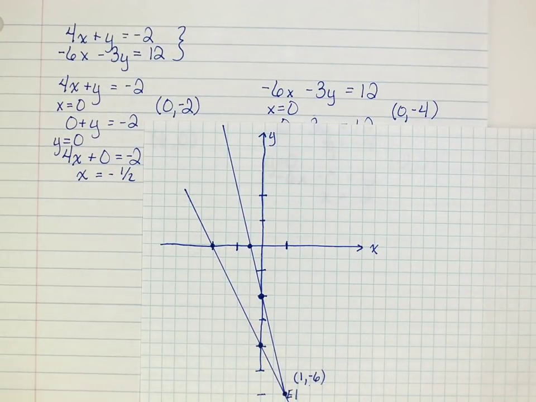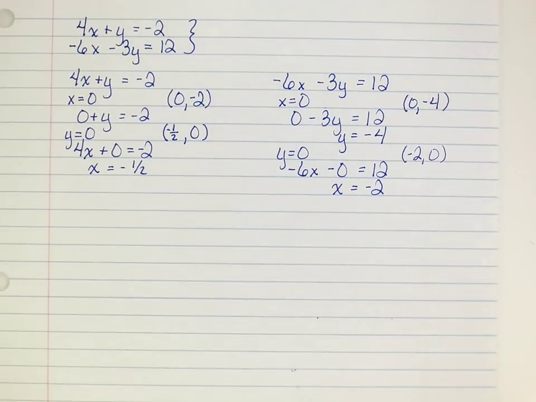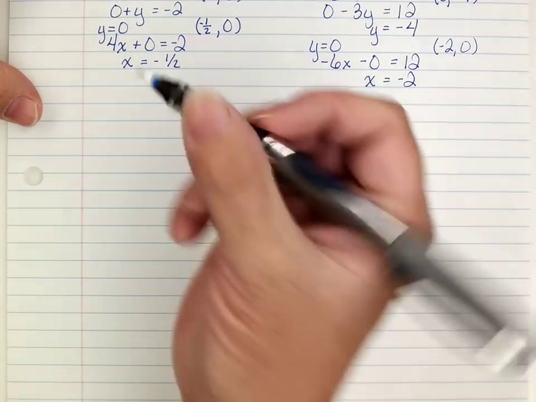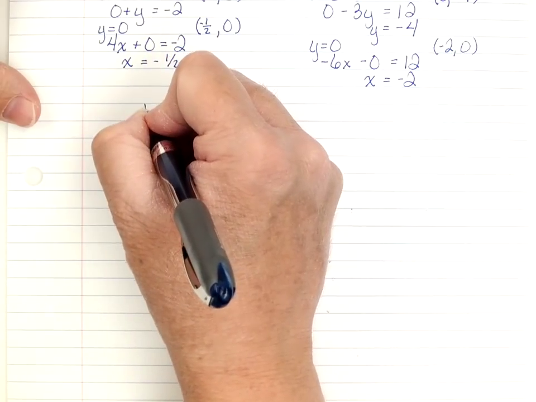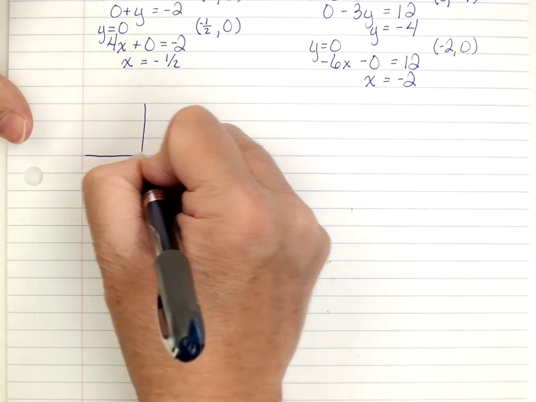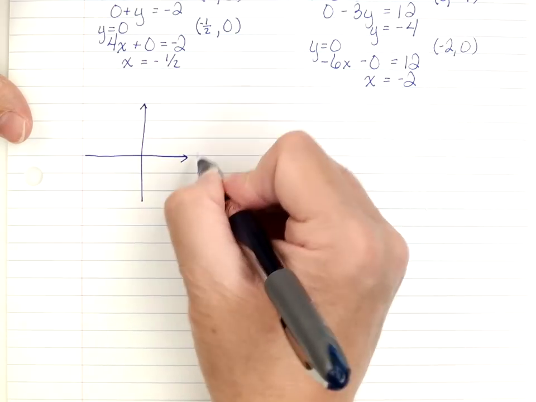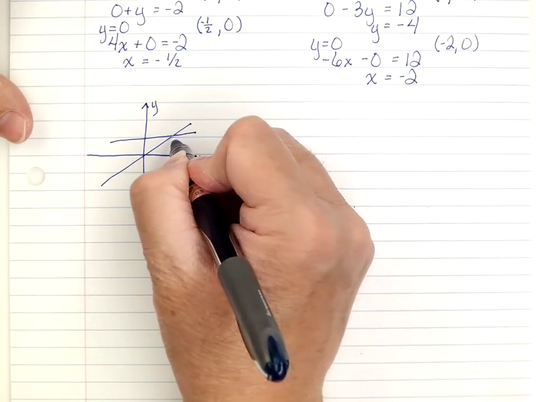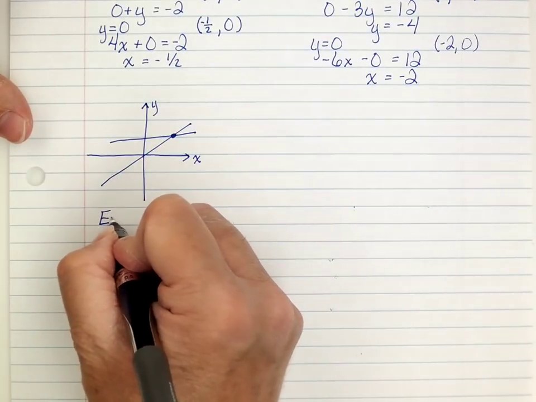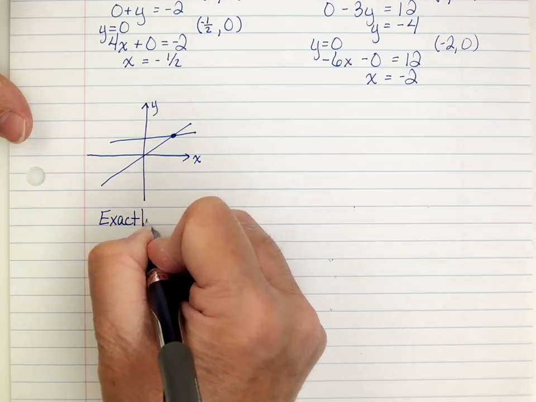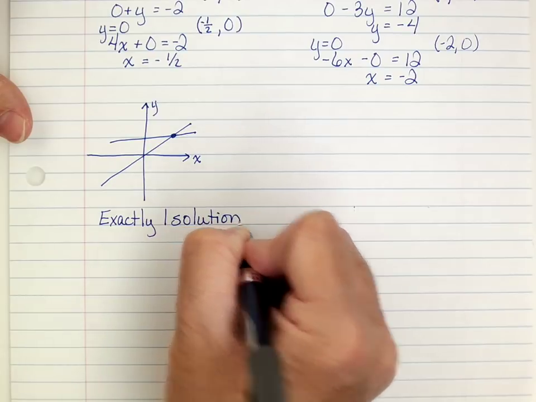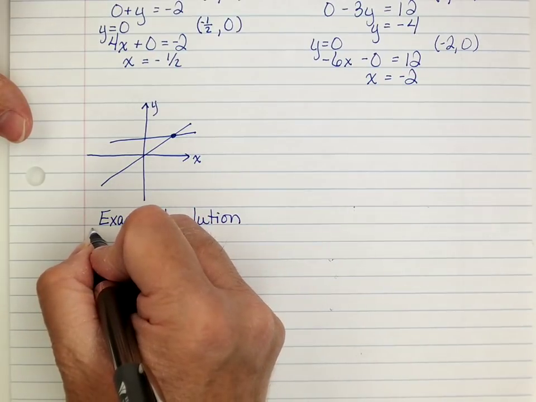So if I want to talk about systems of equations and I want to talk about solutions, there are a few different ways we could talk about the number of solutions to an equation. If we have a graph such that the lines crisscross so that there is exactly one solution, we say that the lines intersect at one point.